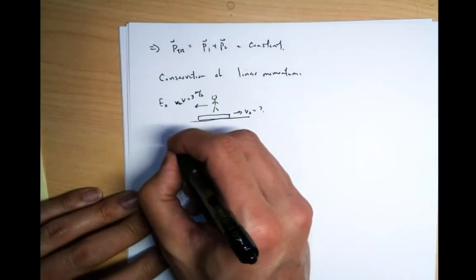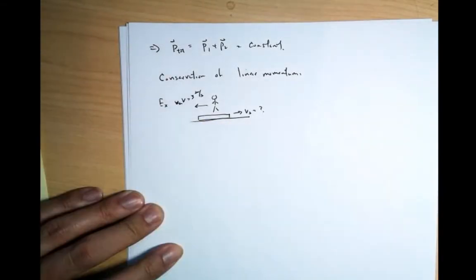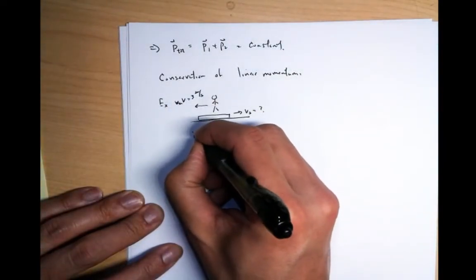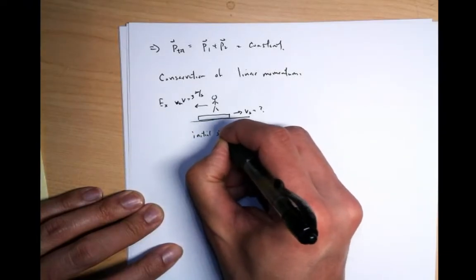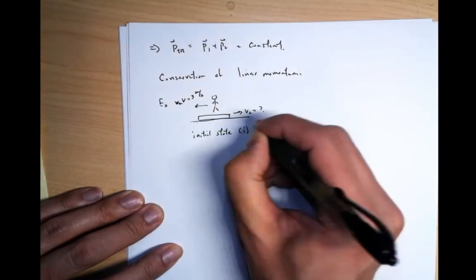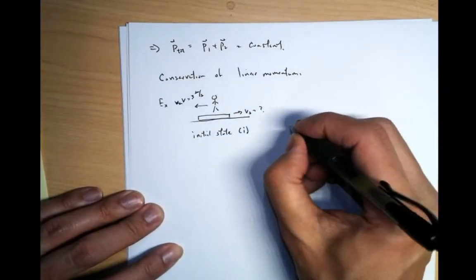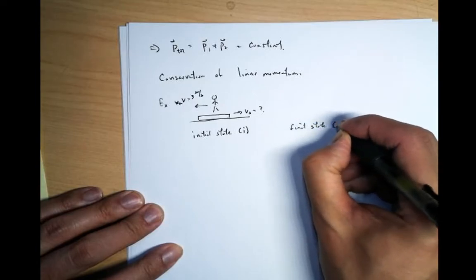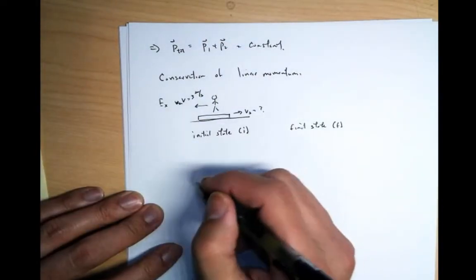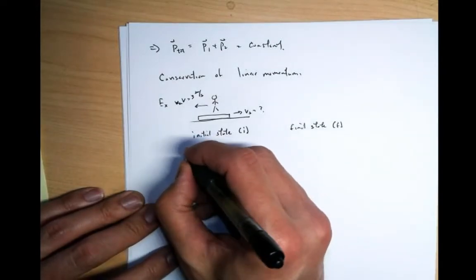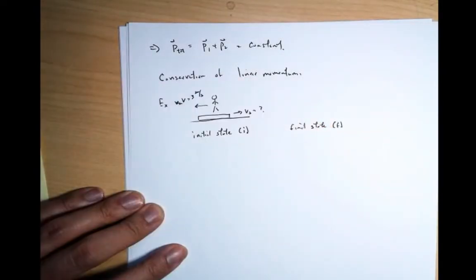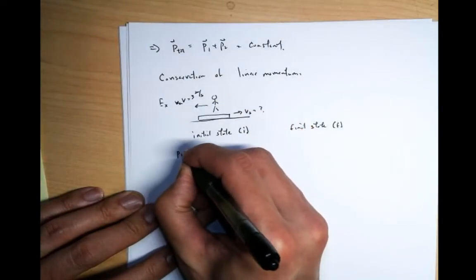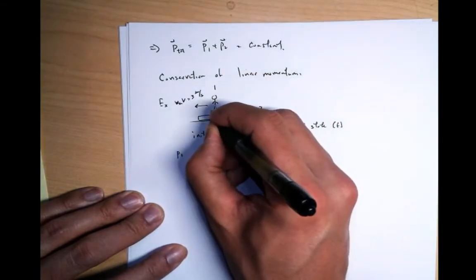Okay. All right, so what we can say is that total momentum is conserved. So we have an initial state, which we denote by I, which is when the person on the sled is not moving, and a final state, which is denoted by F, where basically the person has started running to the left. Okay. So the initial state is basically, if we adopt this as our axis, right? P1, let's call this person 1, and this sled 2.